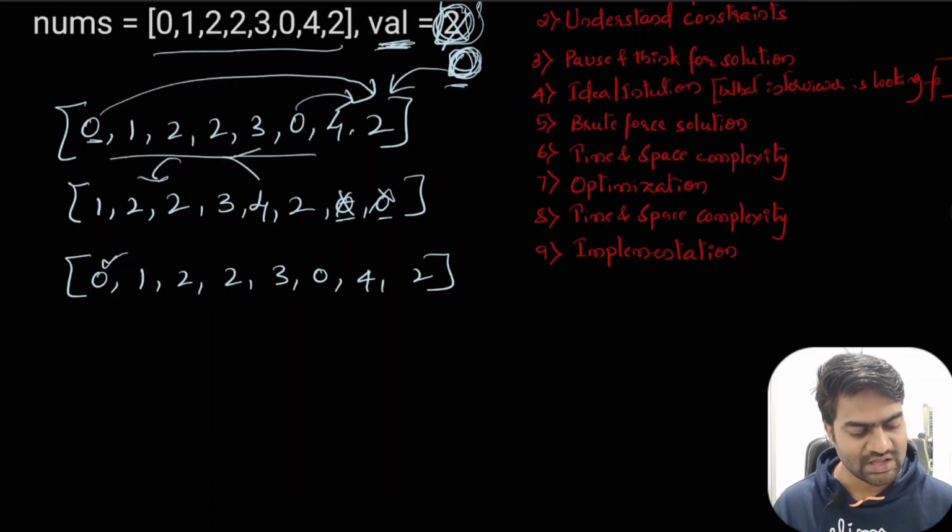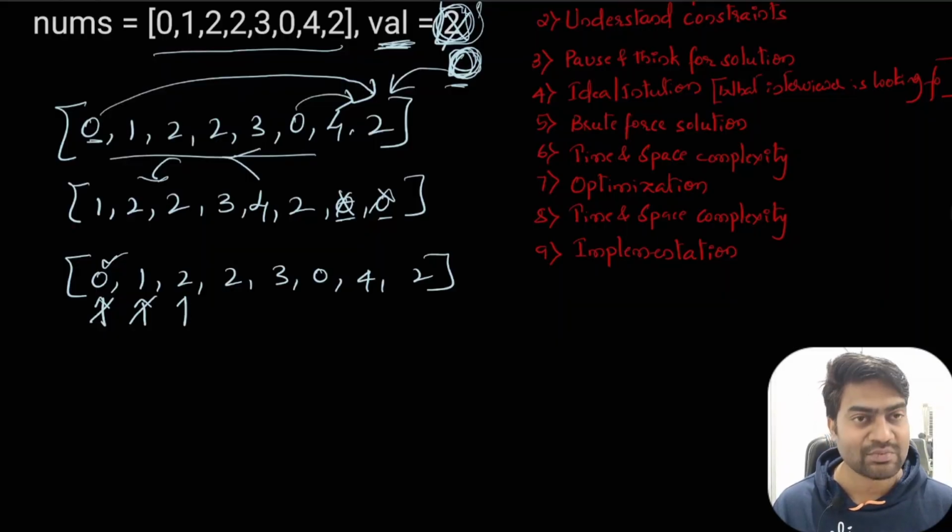Now what I will do is check each number, and if it is 2, I will move that towards the end, and the remaining elements I will move towards the left. So, is this number 2? No. Then I'll move to the next. Is this number 2? No, that is not the case. Is this number 2? Yes, it is.